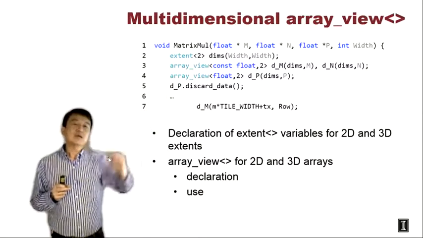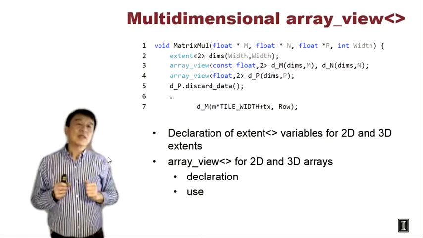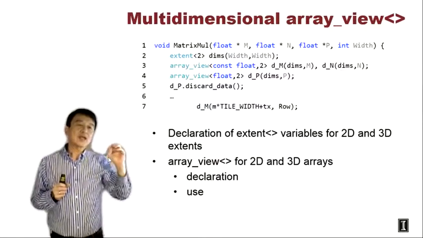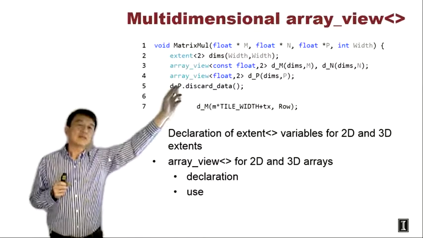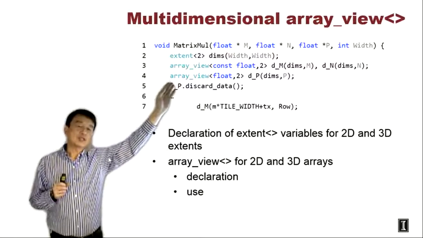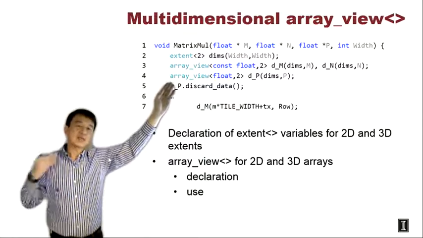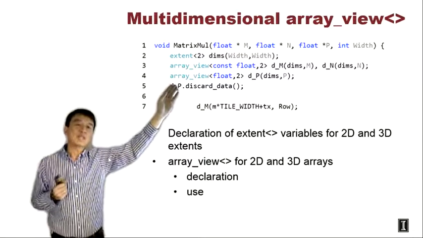And then we can generate an array view that takes the input M array, and we can declare an array view of 2 dimensions with this floating point value, and it's constant, meaning that this is an input value into the kernel that will not be changed.